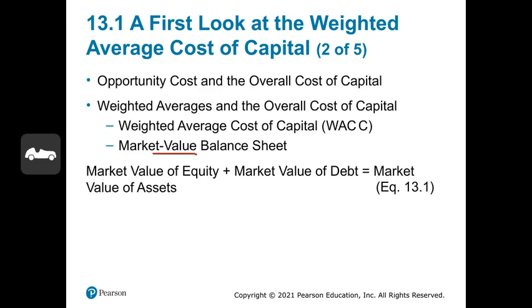So we're going to be restating the balance sheet based on the market values of the debt and the stock. So what this equation is saying is the market value of the equity plus the market value of the debt is going to be equal to the market value of the assets. So we're just adding market value in front of each one of those words. Assets still equal liabilities or debt plus stockholders' equity.